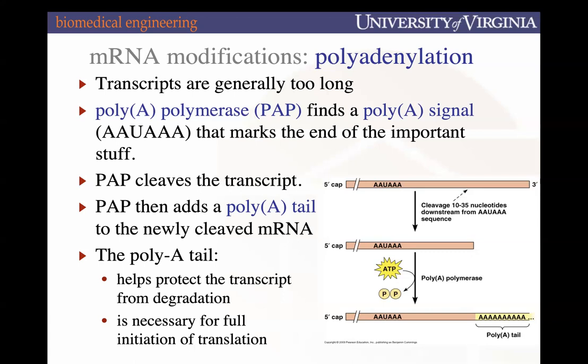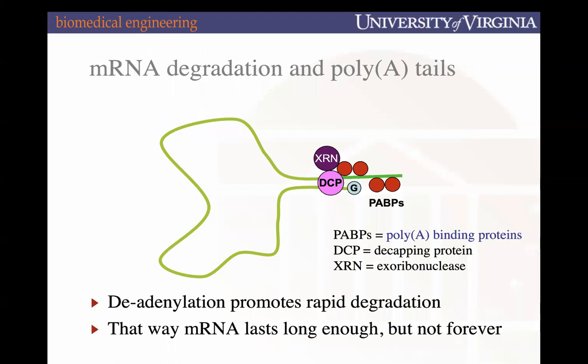But yeah, so here we have our 5' cap designated by G, this 7-methylguanine. We have our poly-A tail with these poly-A binding proteins. And they come together to ensure that the ends of the mRNA are not available for exoribonucleases. An exonuclease will take away nucleotides at the ends.